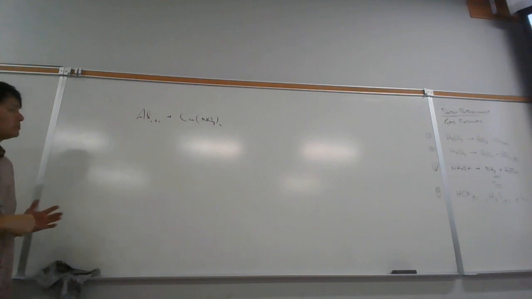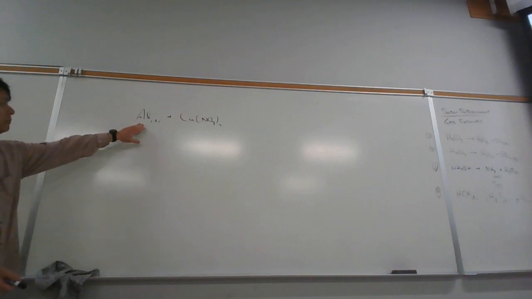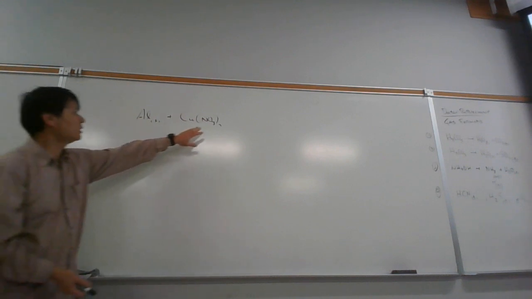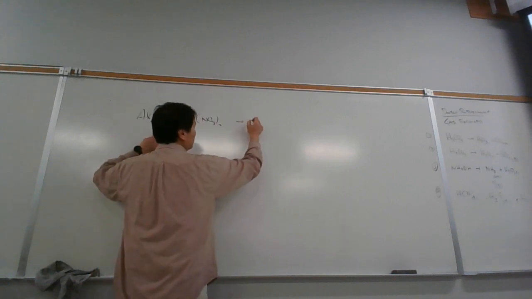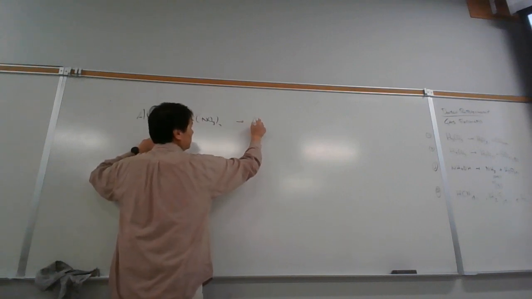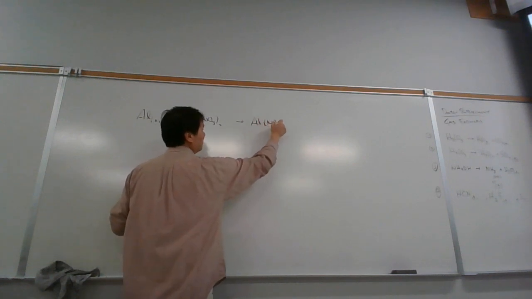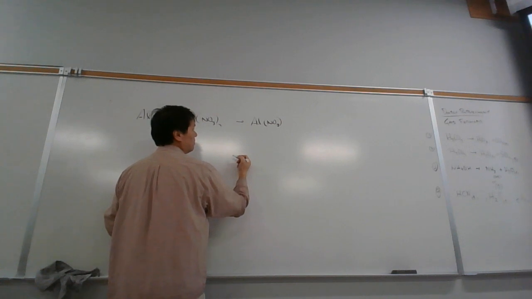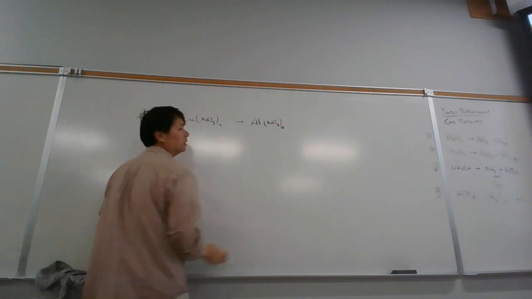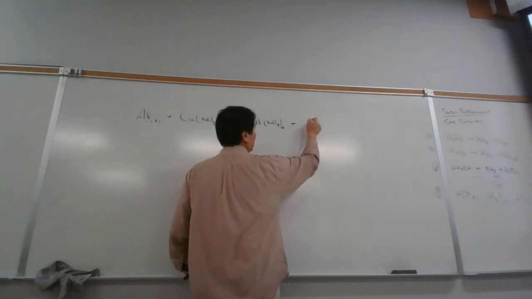So this is the A plus BX pattern. And so we're going to form aluminum nitrate and copper. What's the formula for aluminum nitrate? NO3. How many NO3s do we need? 3, correct. Aluminum's 3 plus, nitrate's a 1 minus, and then copper metal.